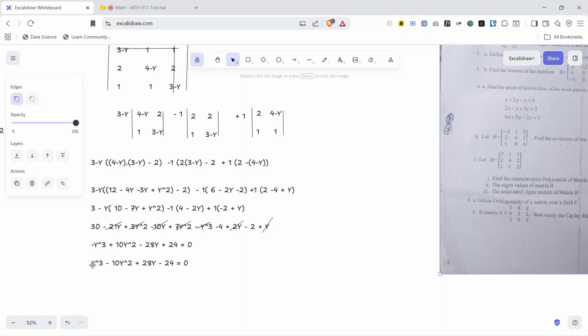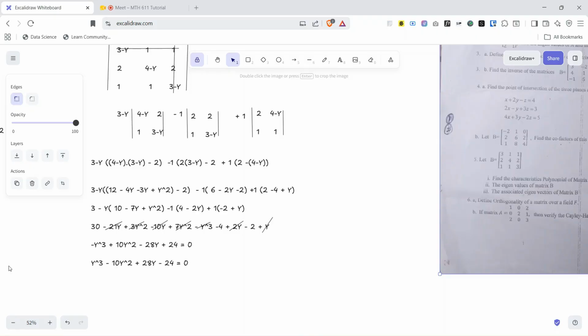From the trial and error I did, I used 2. So 2 is the first value, actually.